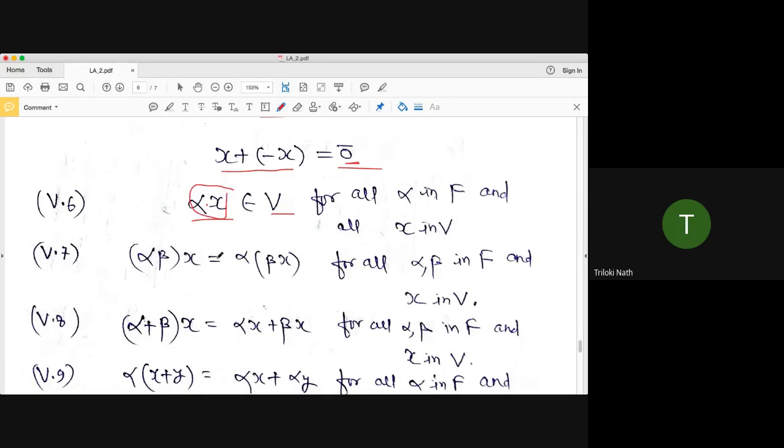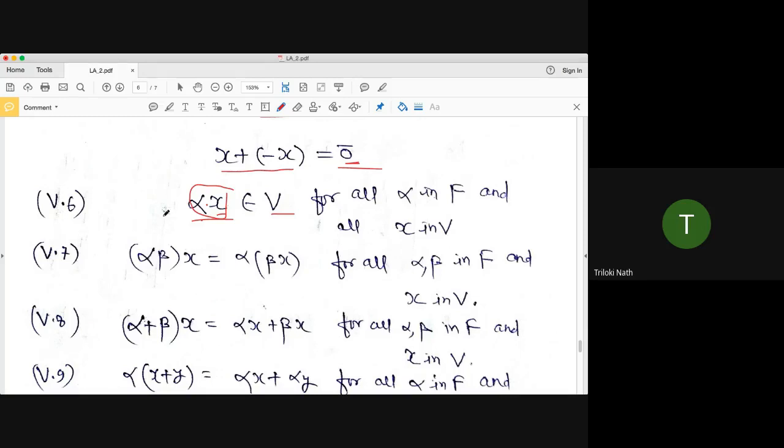We are multiplying this scalar to the vector x. This scalar is not from V; it is from the field F. So it is an external element from V, and we are multiplying it to the vector x and giving you a vector in V. That's why this is called external composition or external operation.